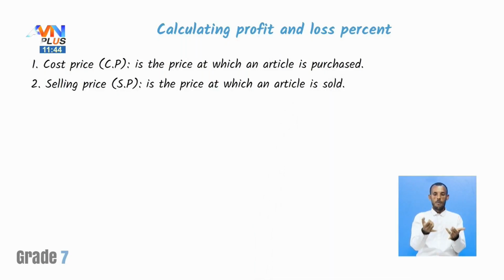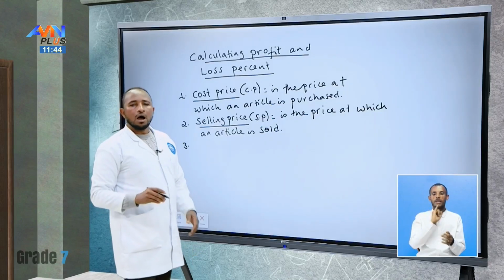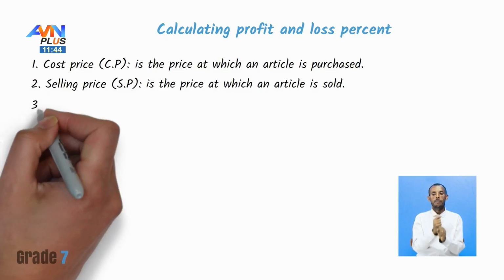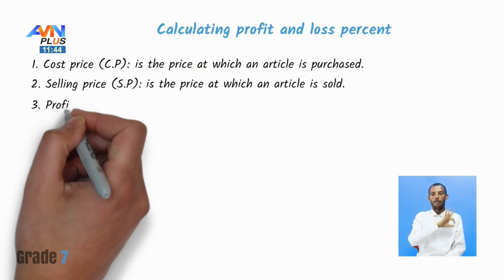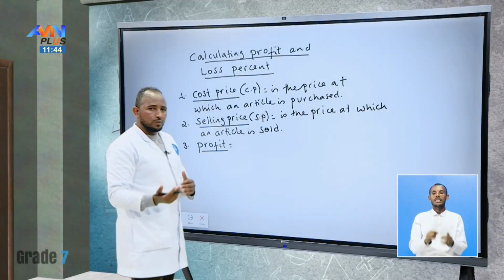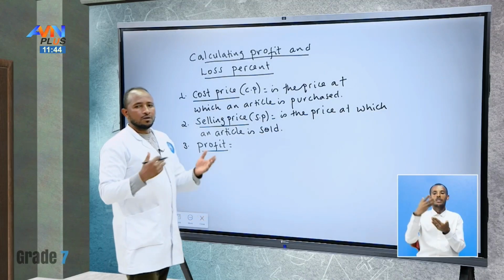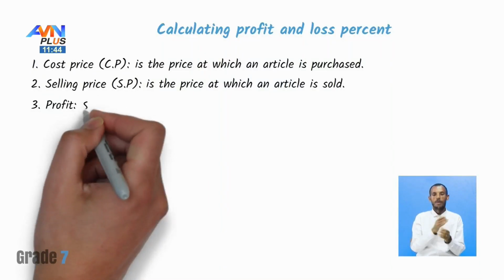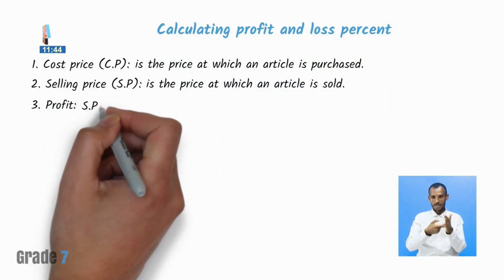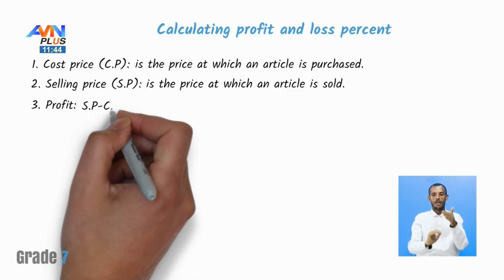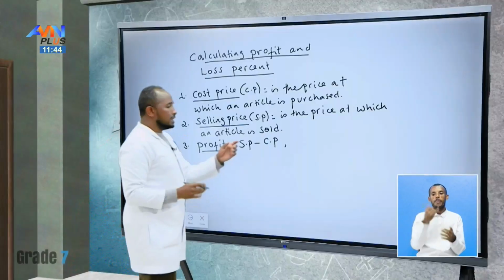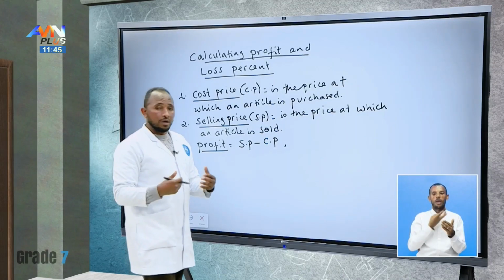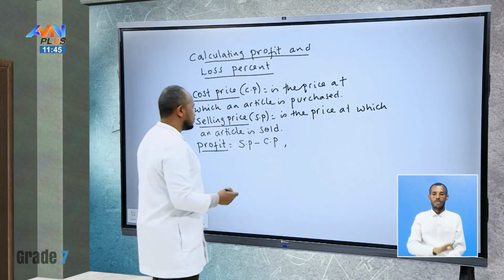Now, third concept is how do we calculate profit? Simply, profit is the difference between selling price and cost price. So here you can calculate profit, selling price minus cost price. If the selling price is bigger than the cost price, then we will have a profit.